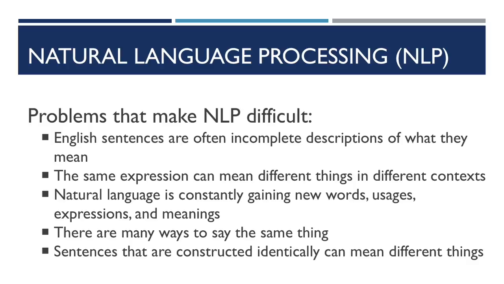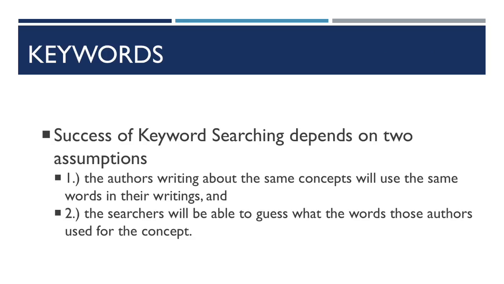Sentences that are constructed identically can mean different things. So those are the complications with natural language processing: the English language has so many nuances that it makes it hard for the software to make distinctions between certain words, phrases, and so on.